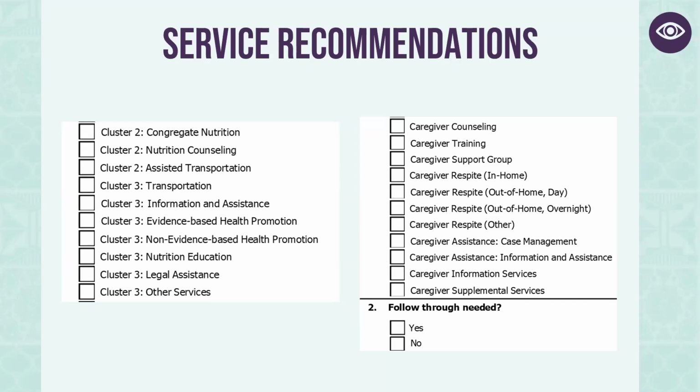If you're having to do a nutrition program like home delivered or congregate nutrition, what else do you have to do for that? Even if this person was able to maybe have regular transportation to a senior center for a congregate meal, what other assessment would you have to do?